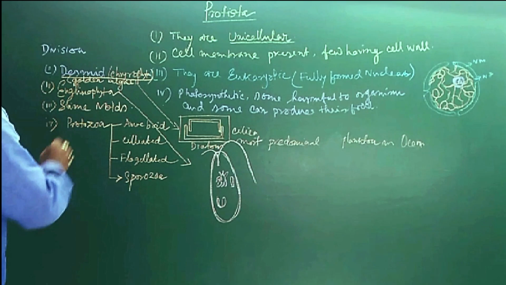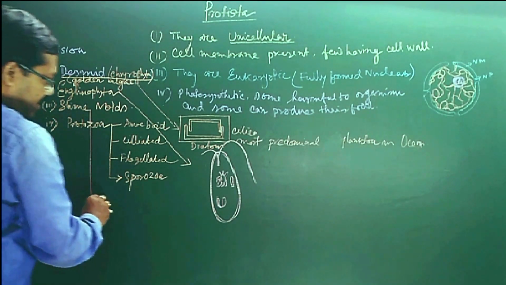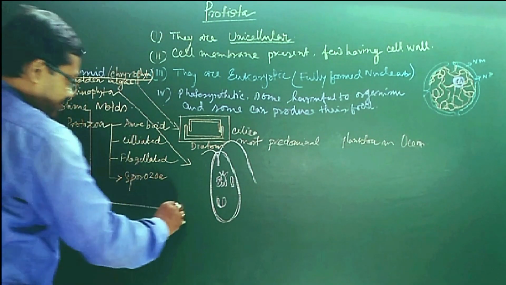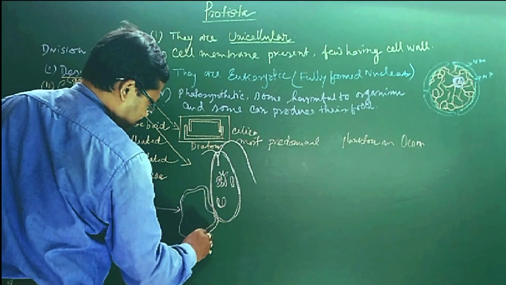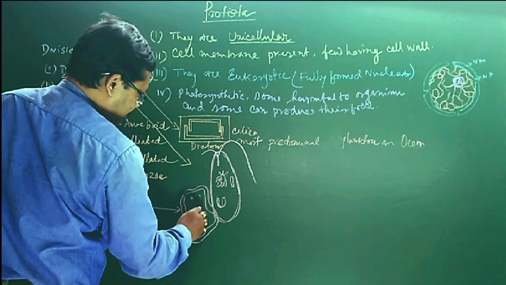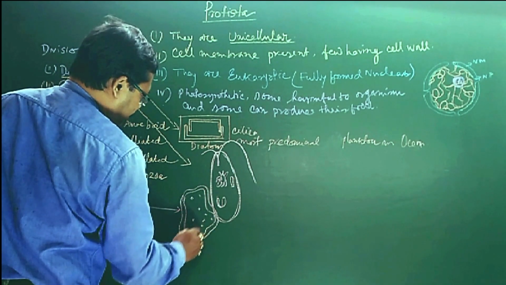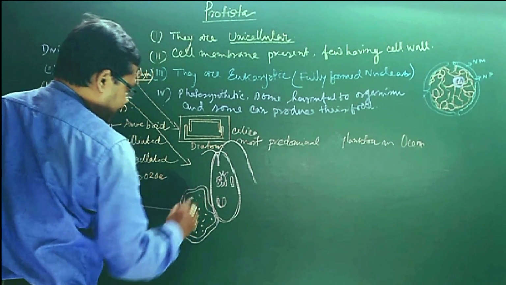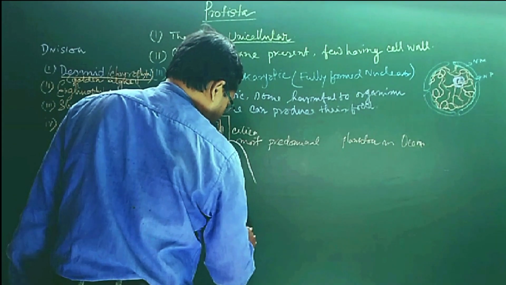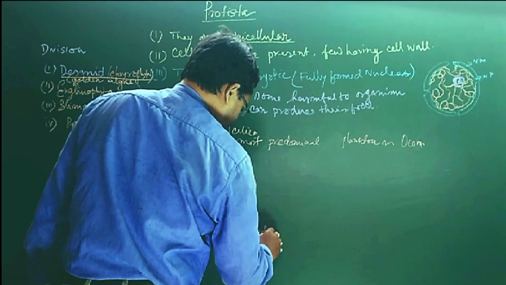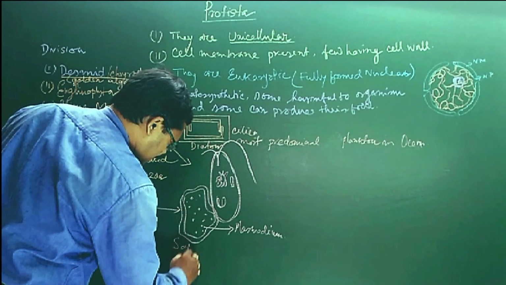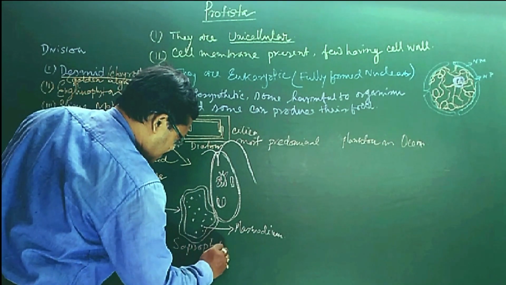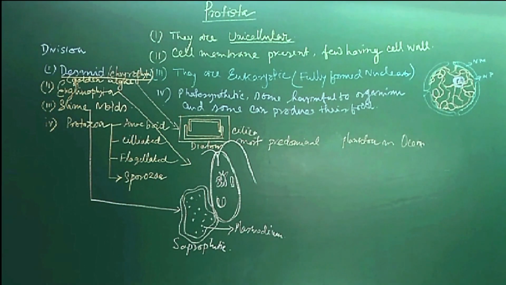Then the slime mold. This is the organism that has a cell wall. In some favorable conditions, several cells group together to form the plasmodium, and they are saprophytic but eukaryotic.